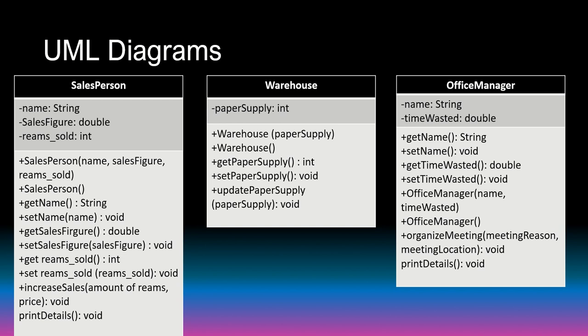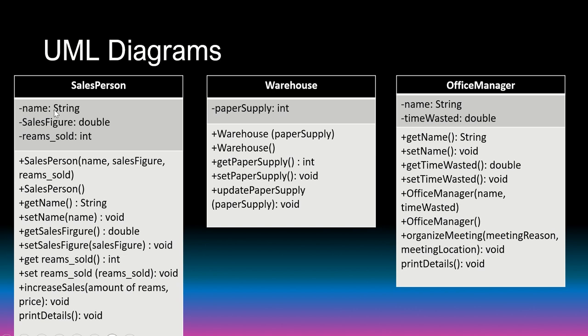So we have these 3 attributes, and notice that we begin with a dash here. This is actually like a minus sign, and it represents that these attributes are private, meaning they can only be accessed by methods within the class. So for example, the warehouse class is not going to be able to change the values of a salesperson's name, sales figure, or reams sold if these are identified as private.